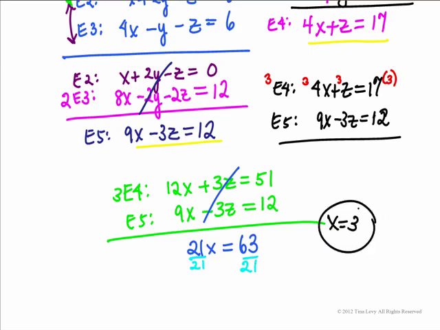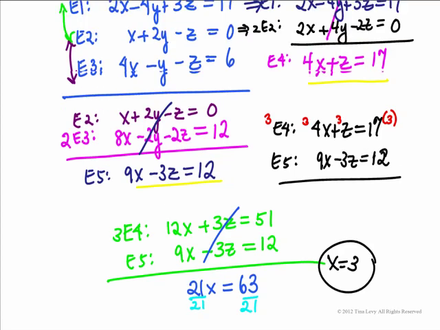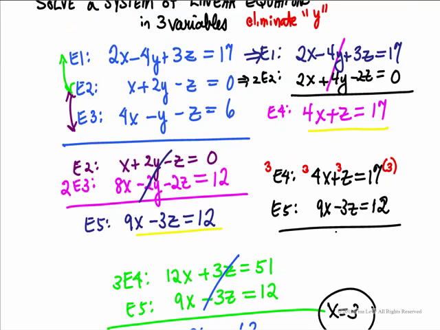Now that's just one of the coordinates. We now have to work our way back with the 2 equations and eventually the 3 to get the y and the z value. I'm now going to substitute x equals 3 to get the z value in either equation 4 or 5. The easy one seems to be equation 4.